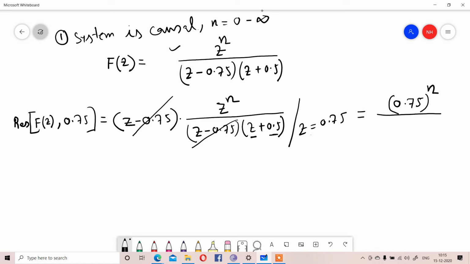If we make it a fraction, 1 by 1.25, finally it will be 4 by 5, times 0.75 whole to the power n. You can check it by putting the z value 0.75. You will get 4 by 5 into 0.75 whole to the power n.